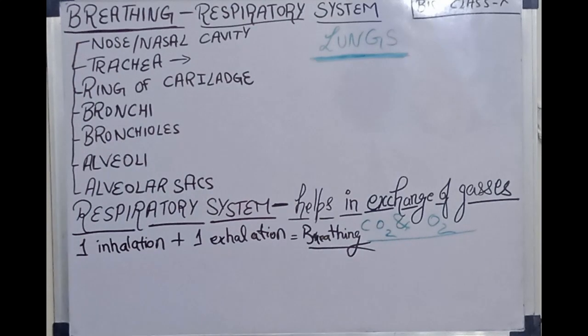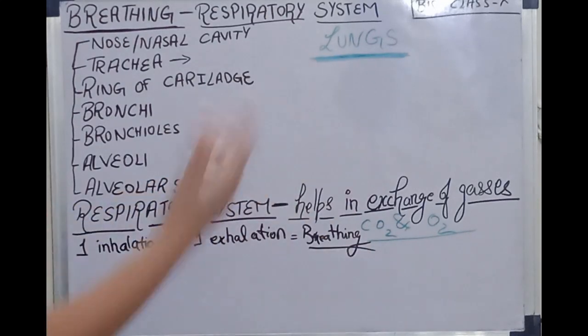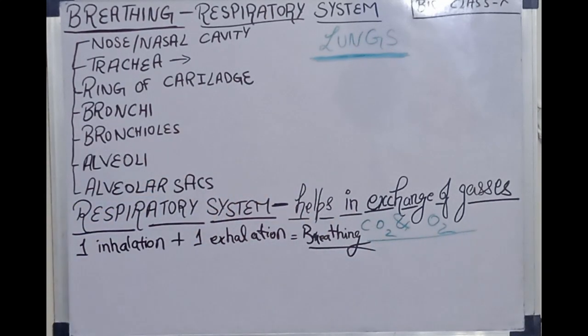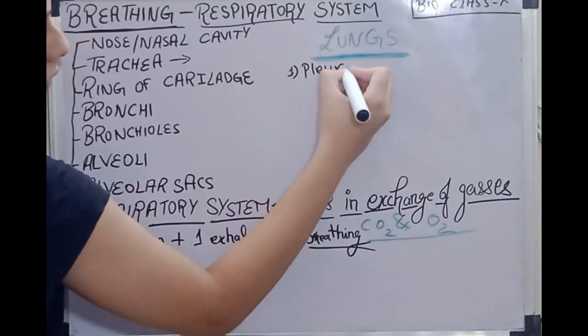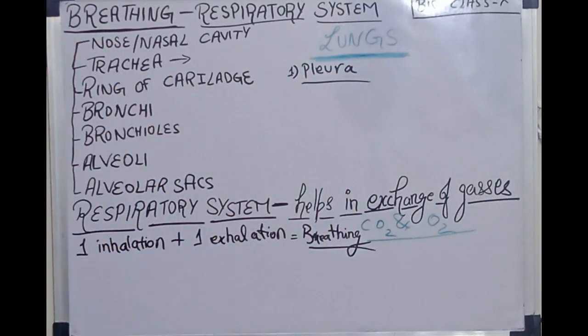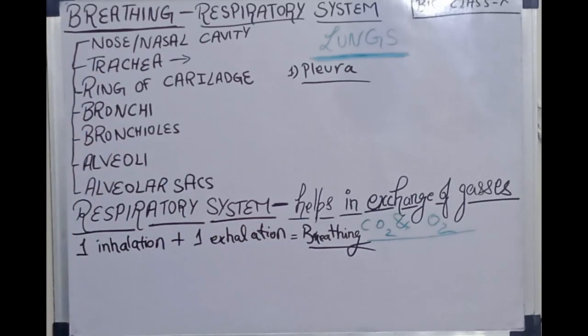Now, before we start this topic and check out each and every organ, I want to give you a few pieces of information about lungs. I'm not very sure if it is mentioned in your NCERT textbook or not, but here I'm going to tell you. First is pleura. What is pleura? If you know, kindly pause the video and comment. Let's check how much you know about it.